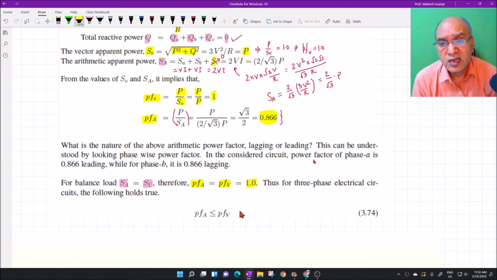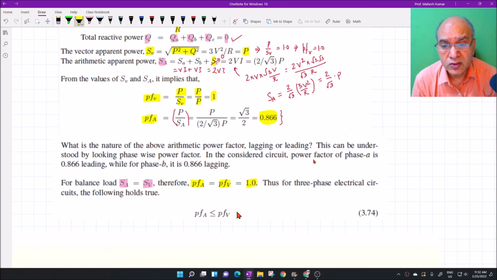Basically it means to say that if I have a resistive load of value R in each phase, then power factor will be unity, and the vector apparent power and the arithmetic apparent power will be same.